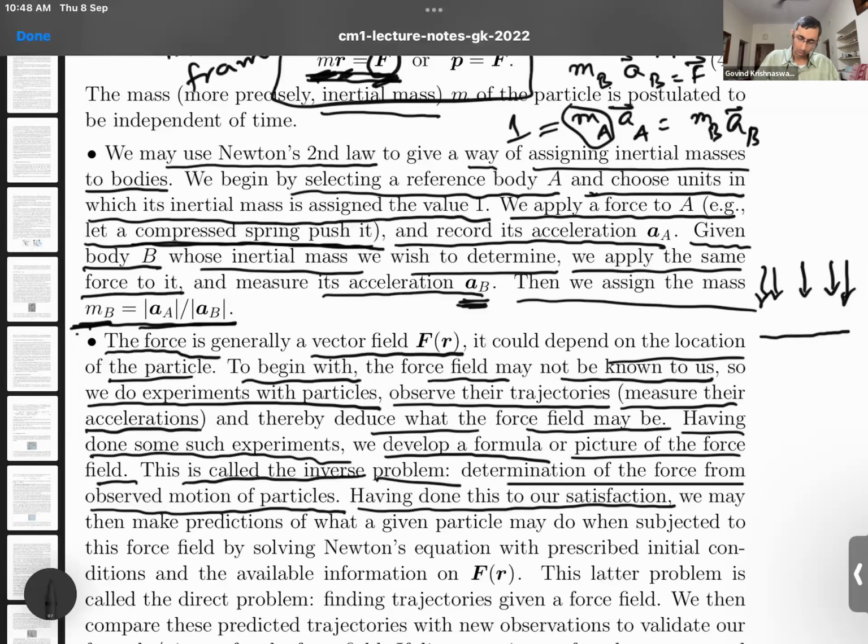So, having done this to our satisfaction, and that's very important, we have some finite number of experiments we can perform, a little bit of time, a little bit of energy. Only based on that we can do something. Having done this to our satisfaction, now we can turn the whole process around.